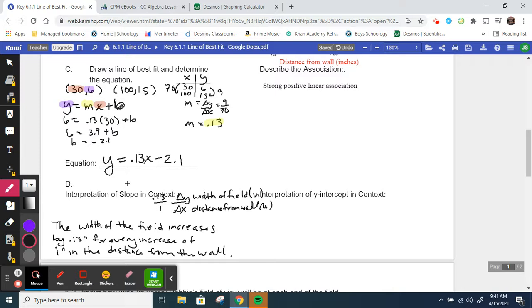So this is my change in y over my change in x, and I'm kind of putting that into the context. All right, then the interpretation of the y-intercept in context. So our y-intercept was this negative 2.1 inches. And remember, the y value again was the width of the field. And the y-intercept is when x is 0.